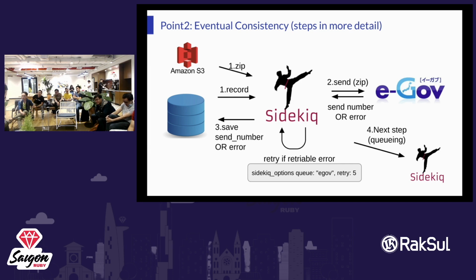You mean this error, step 3? This error is the kind of invalid submission. Ego returns an error, and then we save the error in the database, then show the error to users because the submission is invalid.